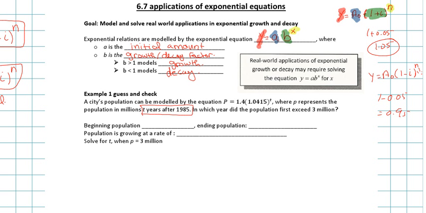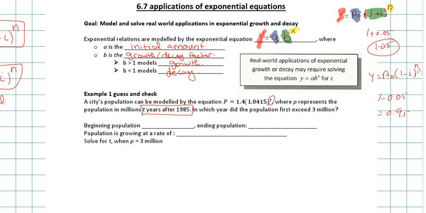So when you are plugging in numbers for T, what are you plugging in? What would 1985 represent? The beginning. The year 1985, what would it be with respect to T?